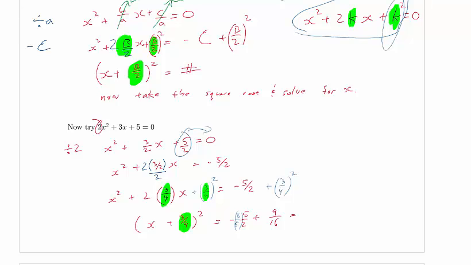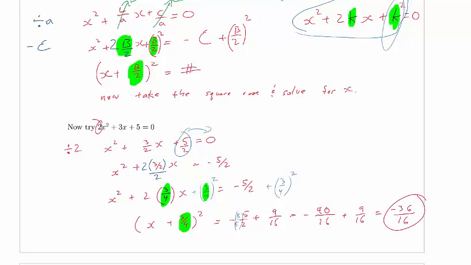And so this simply becomes negative 40 over 16, and then we have plus 9 over 16. So with a common denominator, negative 40 plus 9 gives us negative 31 divided by 16.